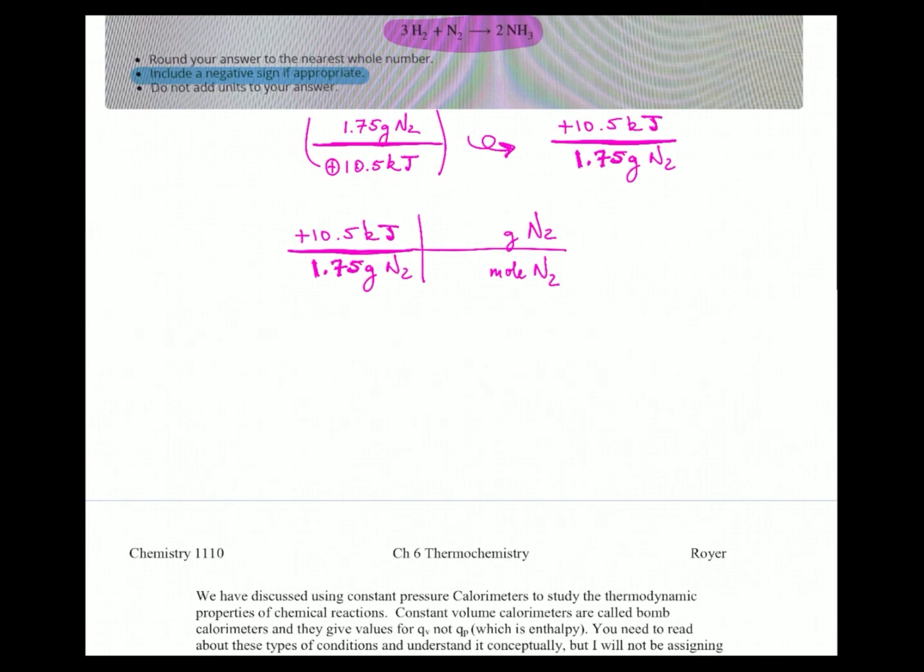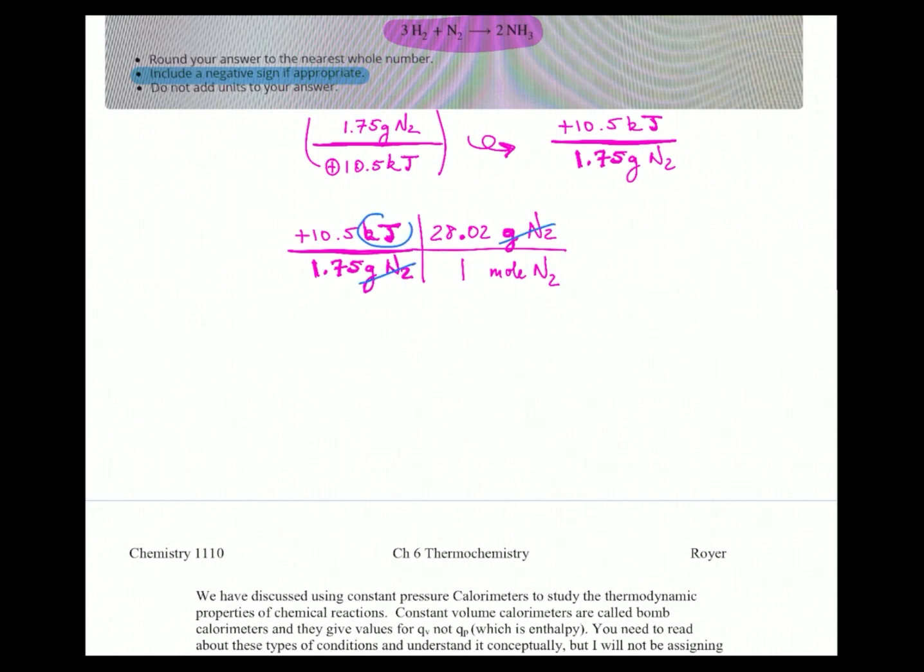So we want heat on the top where it is, and that's good. And in the bottom, we need moles, not grams. So we put grams on the top here, so it'll cancel the grams of N2 currently on the bottom. And we will get per mole once we do this. So go to the periodic table, add up the formula weight for N2. That's 28.02. So grams of N2 cancels.